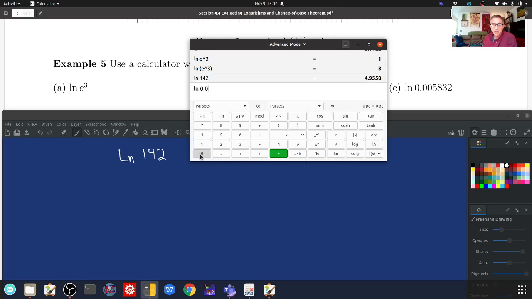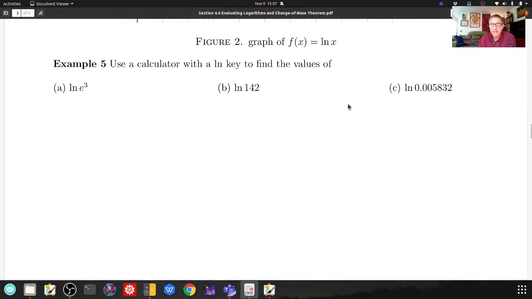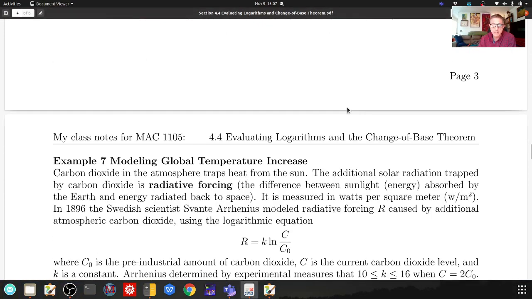Sometimes literally just knowing if something's positive or negative is all you need to know. And of course this is negative. I'd have to know actual powers of e in their decimal expression to even begin to estimate that. So let's go on to the next page.